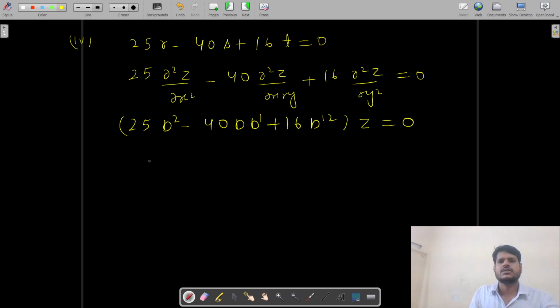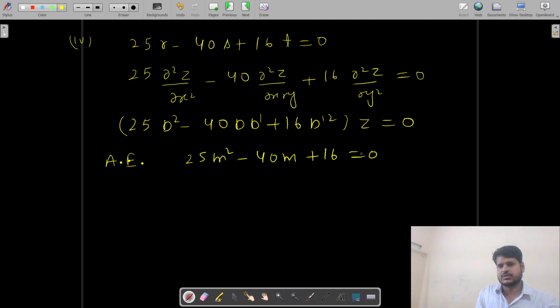This is what we have. Now again for the auxiliary equation you have to just replace capital D by small m and D dash by 1. So this is 25 m square minus 40 m plus 16 equal to 0.